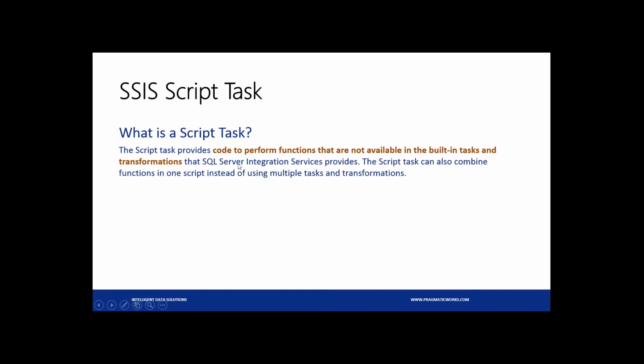Like I said earlier, these are not part of the standard tool set. SSIS script tasks give you the capability to extend, expand, and really do almost anything you want with C# code or VB code. The script task can combine functions into one script. There's a lot of things you can do with it.